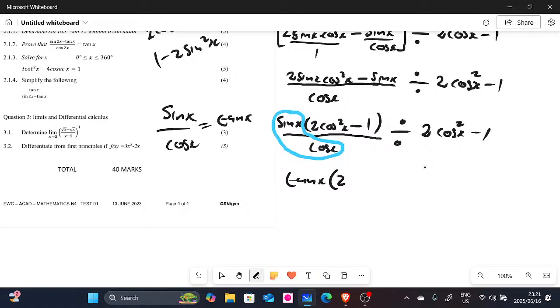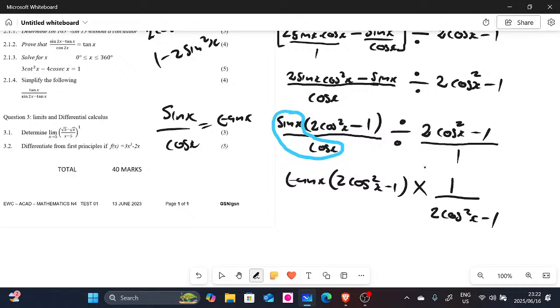So let us not forget, after writing tan, we have 2 cos squared x minus 1. And then instead of writing divide, we can say multiply. Remember, if we change this division into multiplication, the numerator becomes a denominator and the denominator becomes a numerator. So here our numerator is actually 1, so it's going to be 1 divided by 2 cos squared x minus 1.